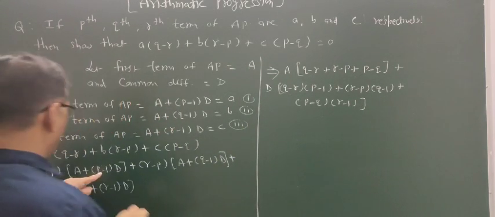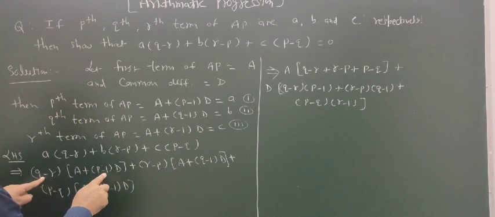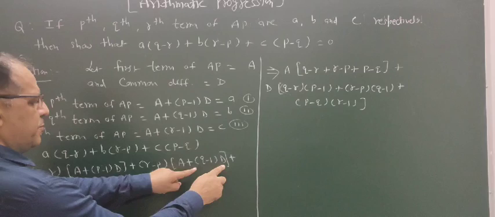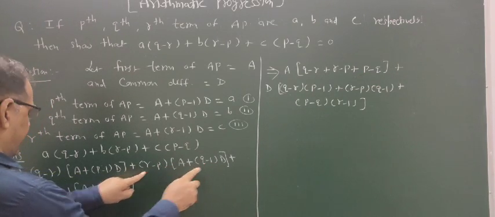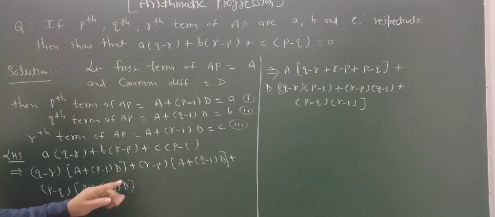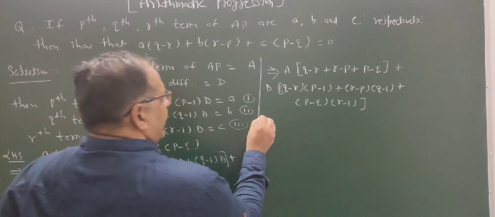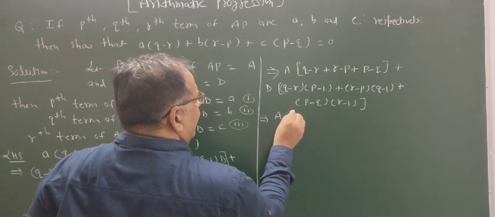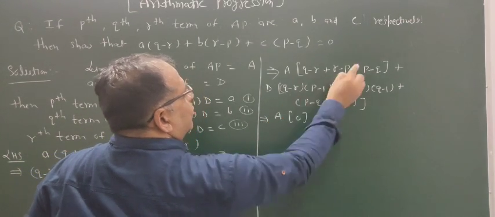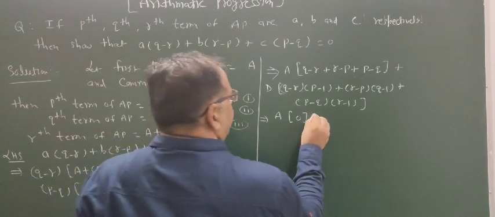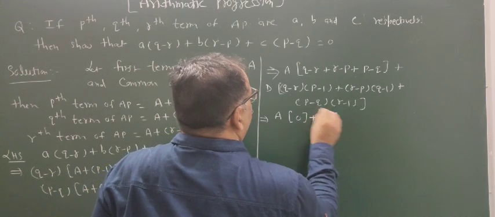Okay, d from the first bracket: p minus 1 into q minus r. From the second bracket: q minus 1 into r minus p. And p minus q into r minus 1, and d is taken common here. In the next term, a inside the bracket is 0. Plus d, open the brackets.